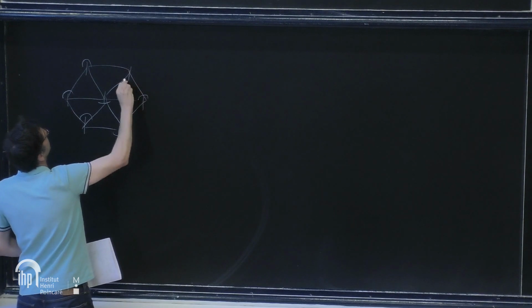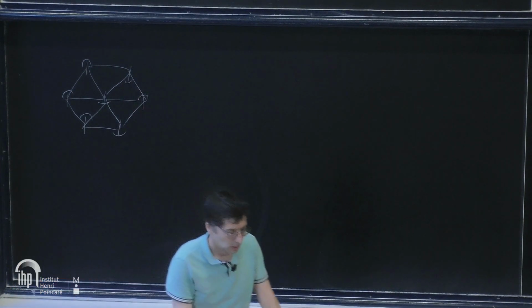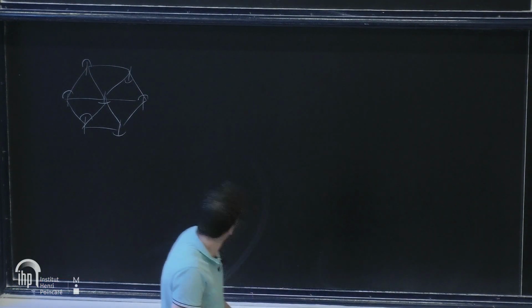OK, so maybe it will be interesting for some of the models I want to discuss to also show that there is a mapping to another class of statistical mechanics ensembles, which are dimer problems. In fact, again, maybe we need to draw some configuration. Something like that. So we draw a configuration.